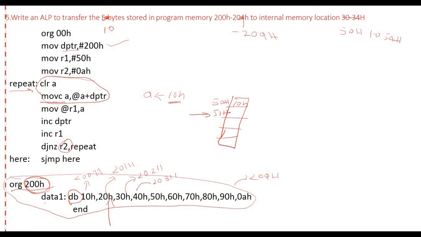So 51H will have 20H, 52 will have 30, 53 will have 40, 54 will have 50, and so on up to 59. Assume I am not writing H here, but it is hexadecimal data itself: 60H, 70H, 80H, 90H, and 0AH.